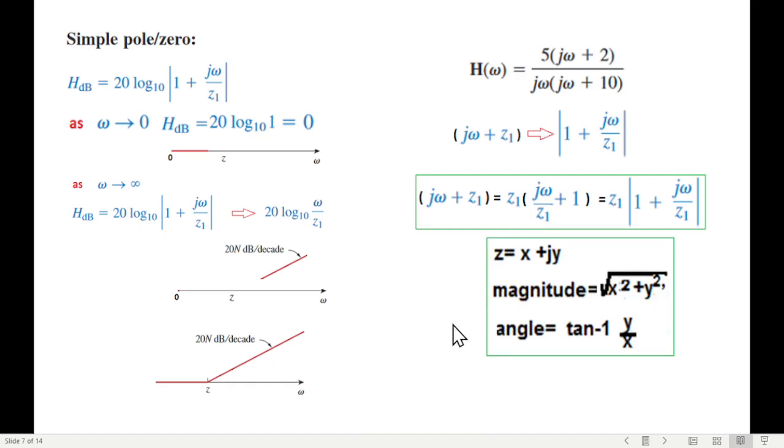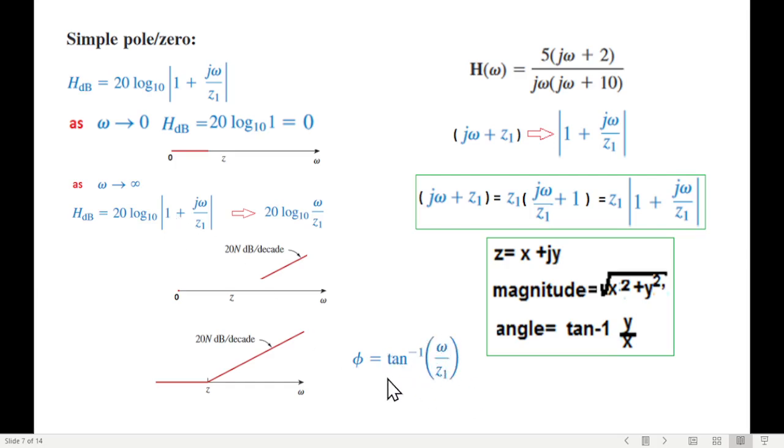Now for the phase angle, we recall that for x plus jy, the magnitude is the square root of x squared plus y squared, and the angle is tan inverse y over x. Same here, the phase angle will be tan inverse of y over x, where x is 1, so it will be the same value.